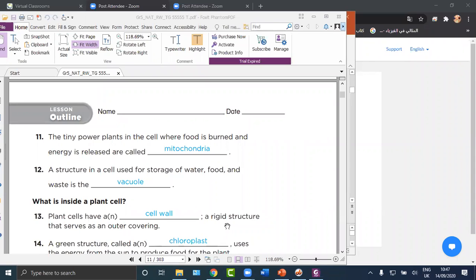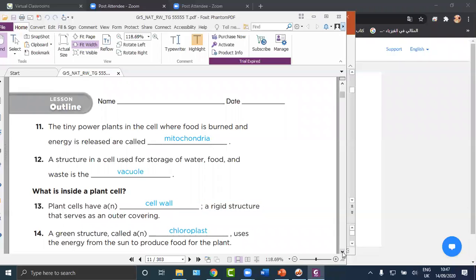You can compare between your book and the platform. Number 13, a green structure called chloroplasts. This is what gives the plant its color.